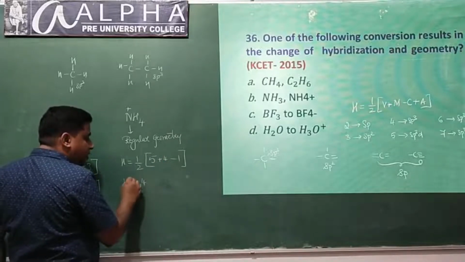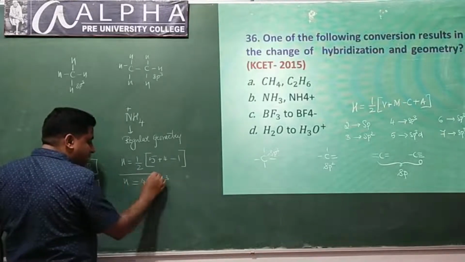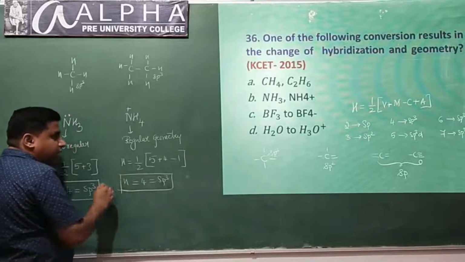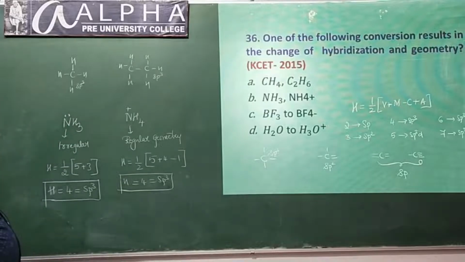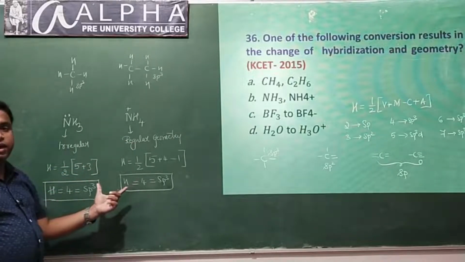So the state of hybridization is 4, which means sp3 hybridization. Is that correct, students? Yes, it is correct. So there is only a change in geometry, but no change in hybridization.